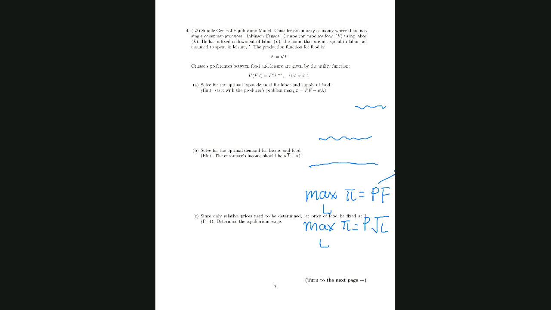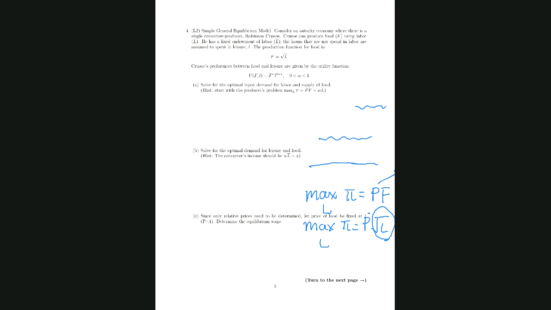Profit is equal to the price times the total output minus the cost of your production input. And you only have one factor here, which is labor, and you have to pay the wage for each unit of labor. Right? So basically, this is the meaning of the producer side of the problem.